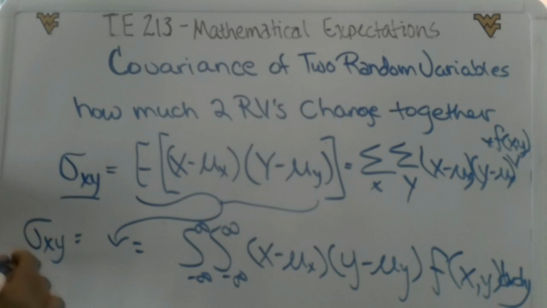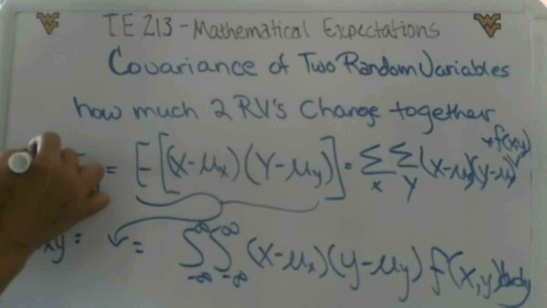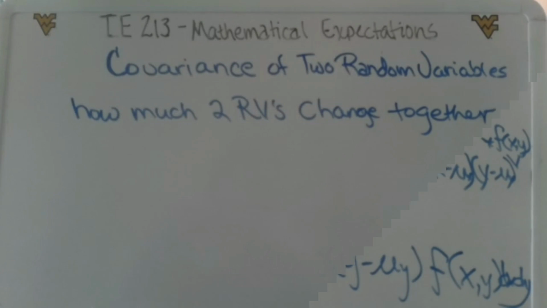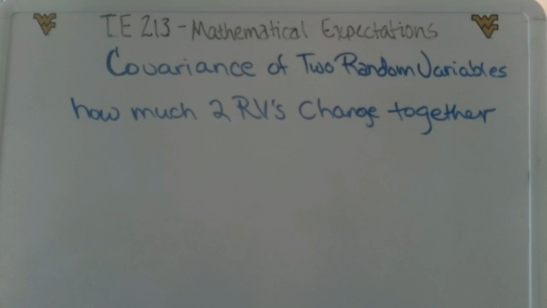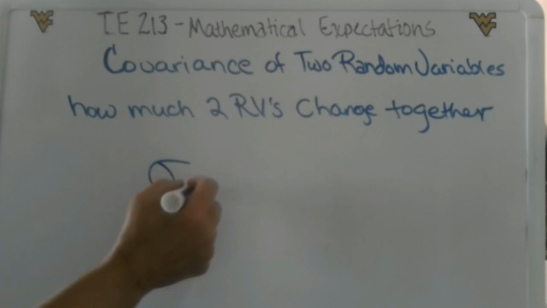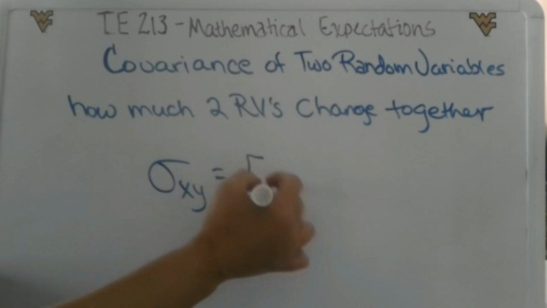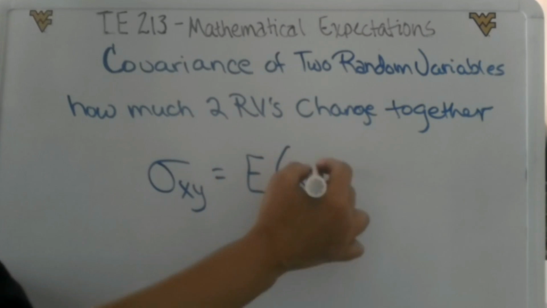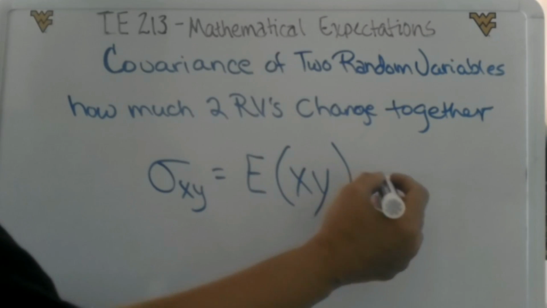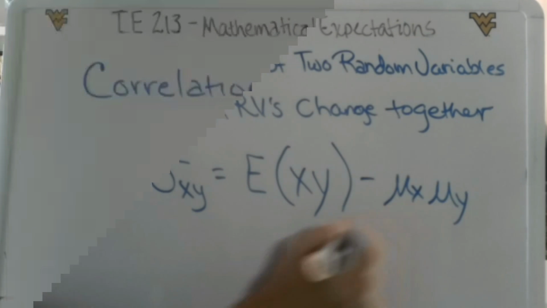So this one's continuous and this one's discrete. A simpler formula is the covariance of x and y is equal to the expected value of xy minus mu x times mu y.